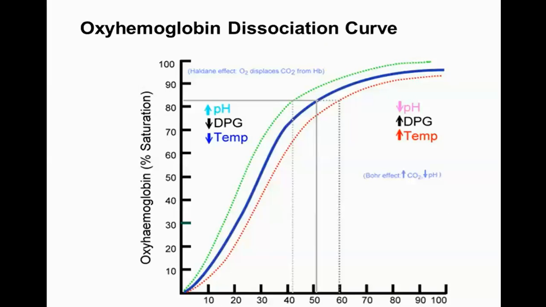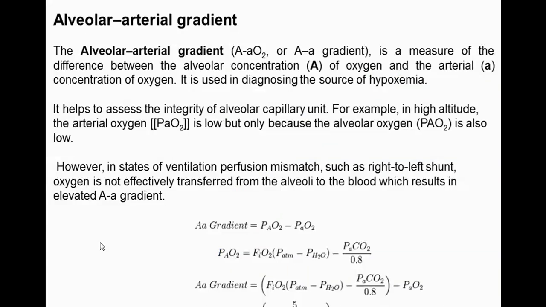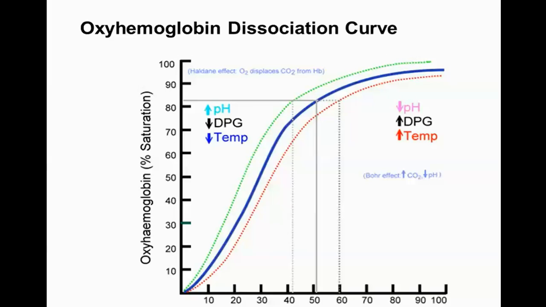This is what we are talking about: how much PO2 is needed to saturate the needed amount of hemoglobin? For 100%, we need about 80 to 90. There is no problem here because this is the plateau portion, and also here this is the plateau portion.